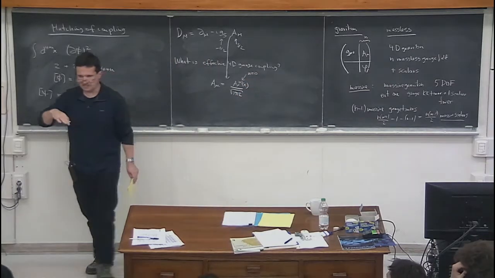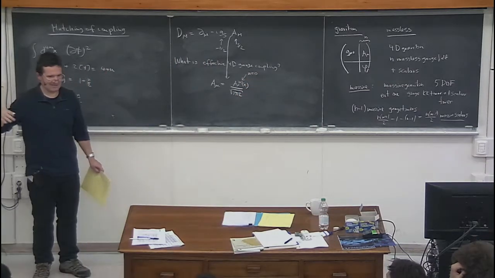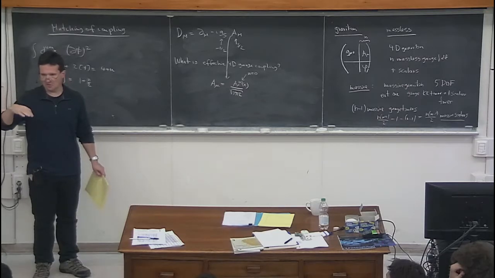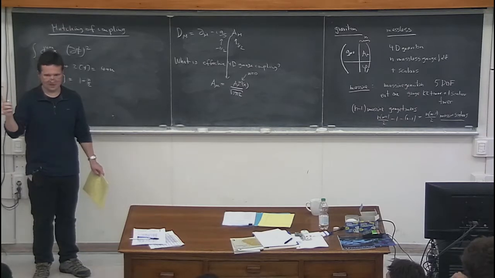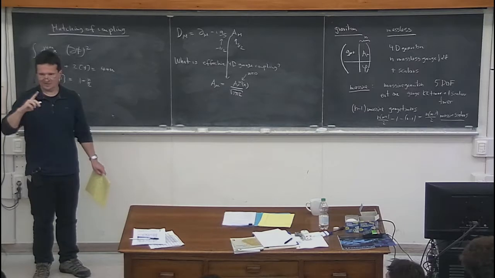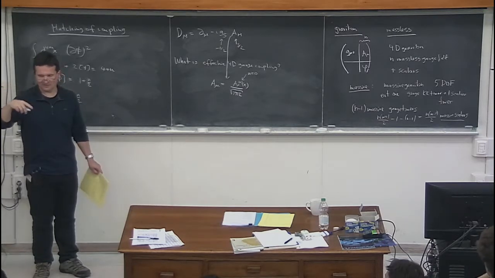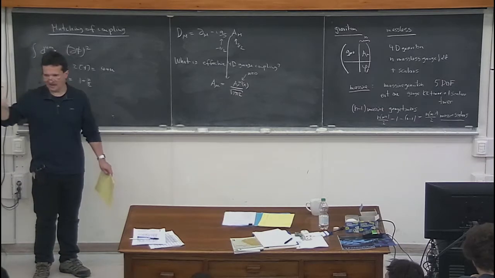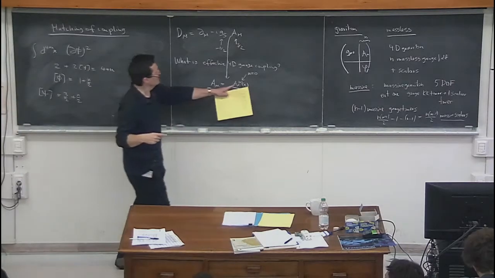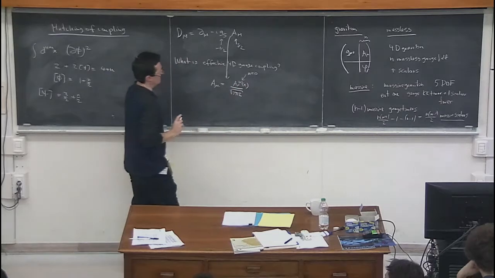In our previous example yesterday, when I wrote the compactification on a circle, the n told you how many times you were wrapping around the extra dimension, so there was a sine of n times y over r. So this is the n equals 0 mode, and there's no y dependence here.